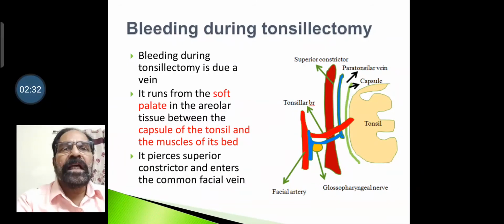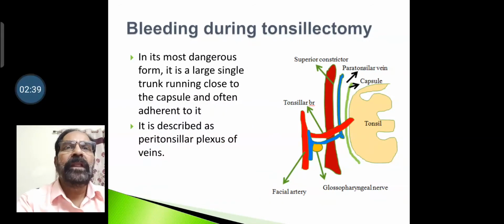It pierces the superior constrictor and enters the common facial vein. Bleeding during tonsillectomy, in its most dangerous form, is from a single large trunk running close to the capsule and often adherent to it. It is described as the peritonsillar plexus of veins.